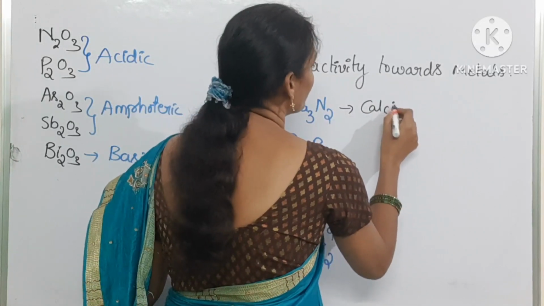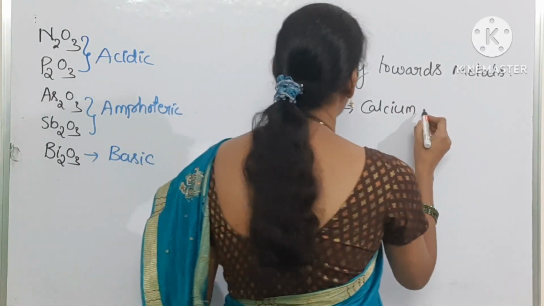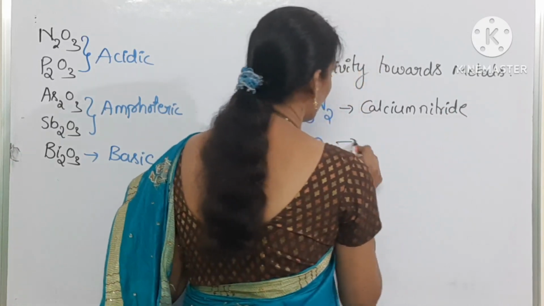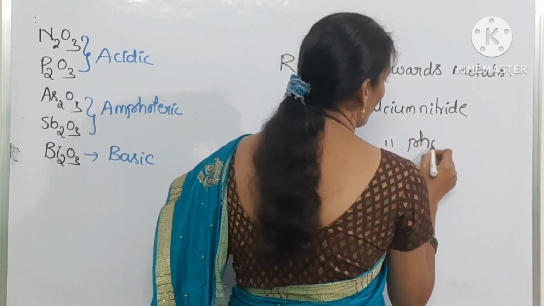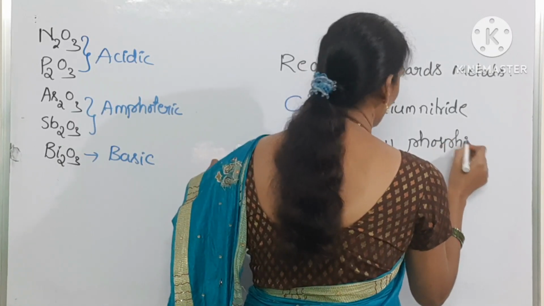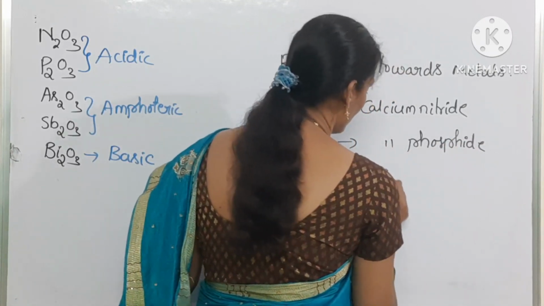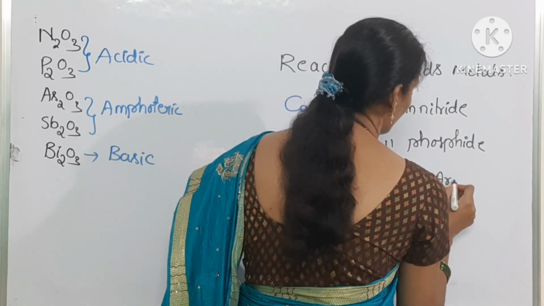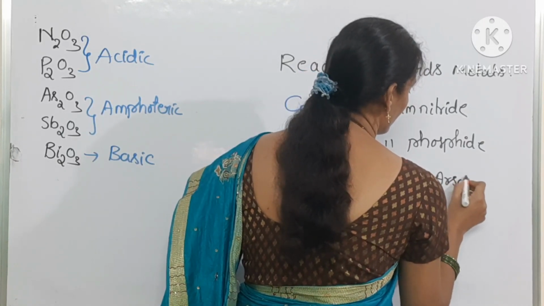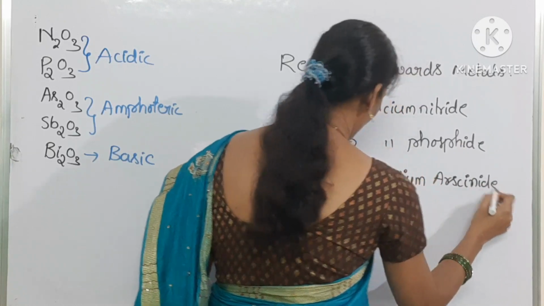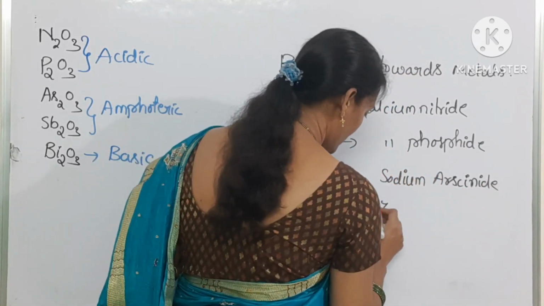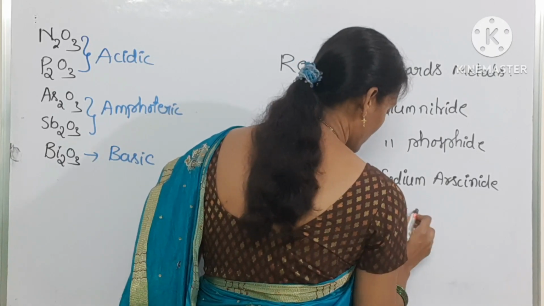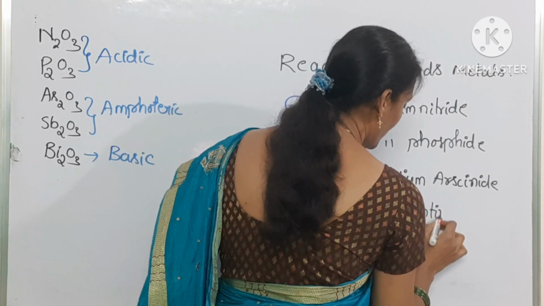Here it is calcium nitride. This is calcium phosphide. And this is sodium arsenide. This is zinc antimonide.